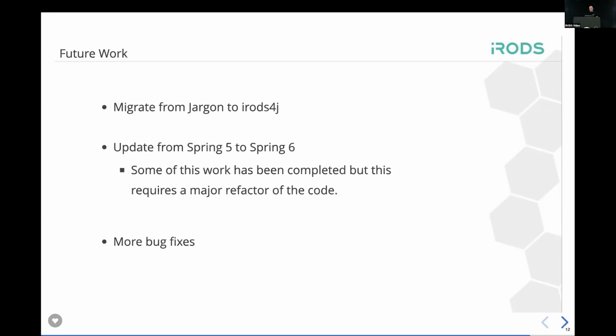So we had upgraded to Spring 5 before. The Spring 5 to Spring 6 turned out to be quite a lift. It requires a lot of code changes, but we really want to get that done. So in the future, we are hoping that we can do that. And also, there are some more bugs that we want to fix. Yeah, that's it.